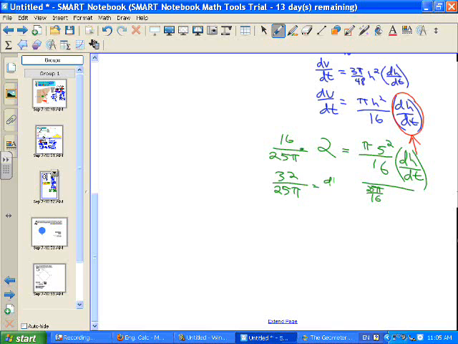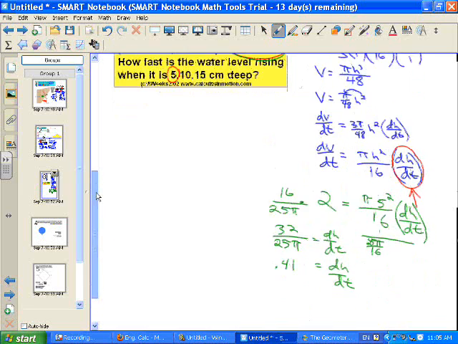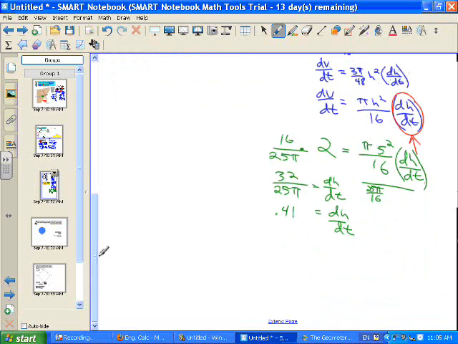And that's my dH over dt, whatever that decimal comes out to be. 32 divided by 25 pi is 0.41, and that was in what? Centimeters per minute. Because it's just height, height will change in centimeters.